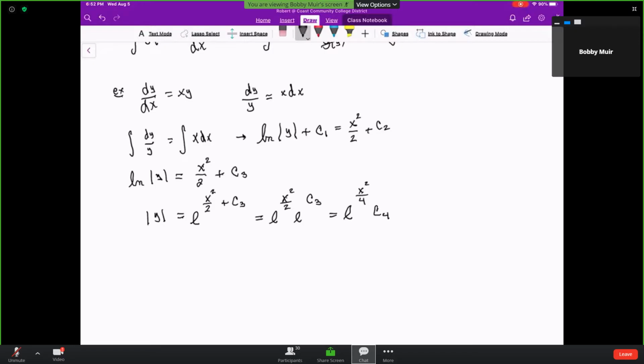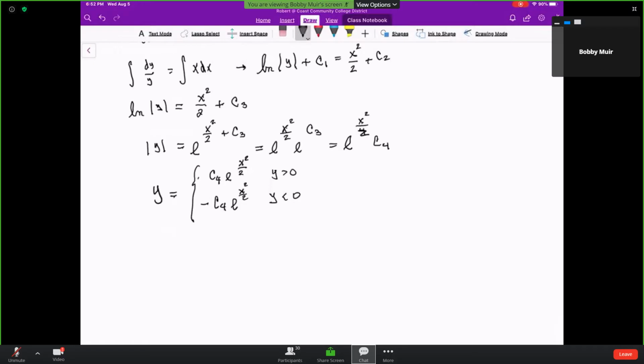All right. So now the next step is to say, okay, then y is going to be either C4 e to the x squared over 2 if the y is supposed to be positive, or negative C4 e to the x squared over 2 if the y is supposed to be negative.